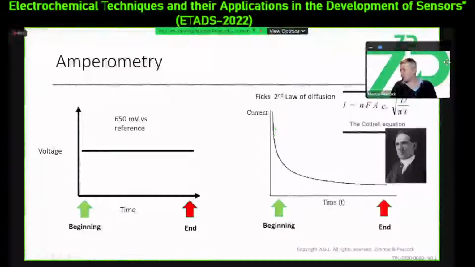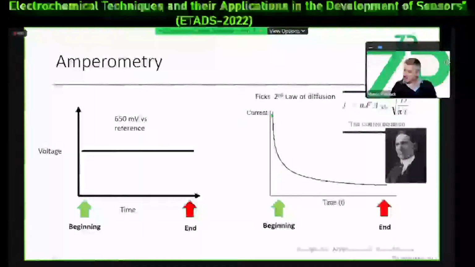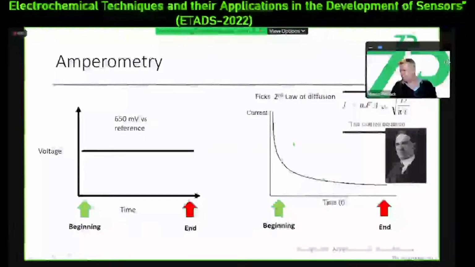If the solution is not stirred or there's no membrane on the sensor, when you look at amperometric experiments, you can often have this kind of high signal at the beginning of the experiment and it decays with time. This is really because of diffusion: you're doing electrochemistry and you're essentially exhausting the molecule. We're depleting the molecule, and so the signal falls as a function of time. If you see that kind of response, then we often classify that as a Cottrell response.